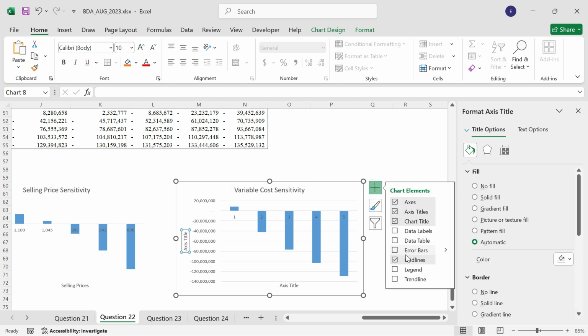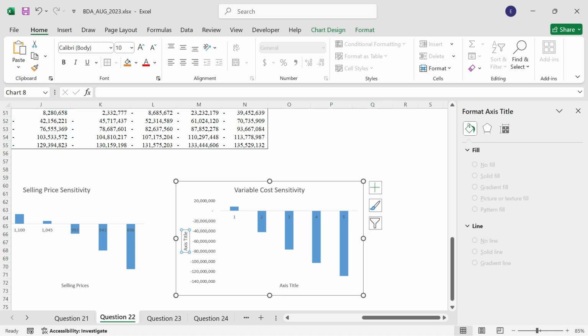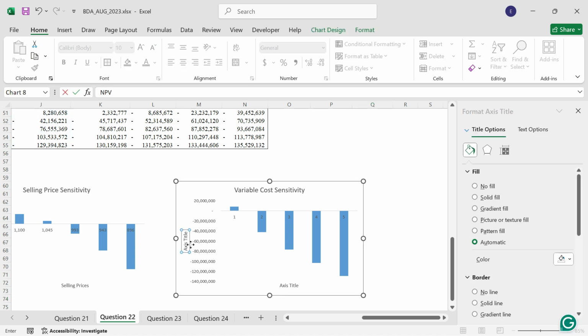I want axis titles, no gridlines. These are my NPV values. And these are my variable cost values.